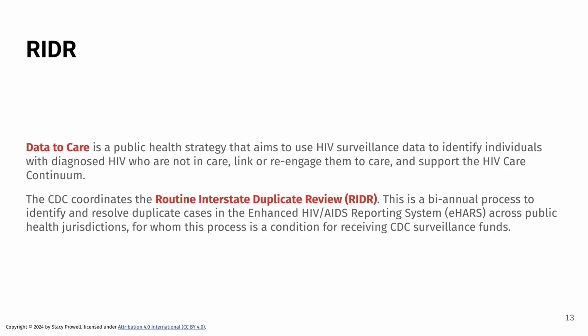so that we can get control of this epidemic. The CDC coordinates something called the Routine Interstate Duplicate Review, the RIDR process. What is this? This is a biannual process where we identify and resolve duplicate cases. Now, what's a duplicate case?